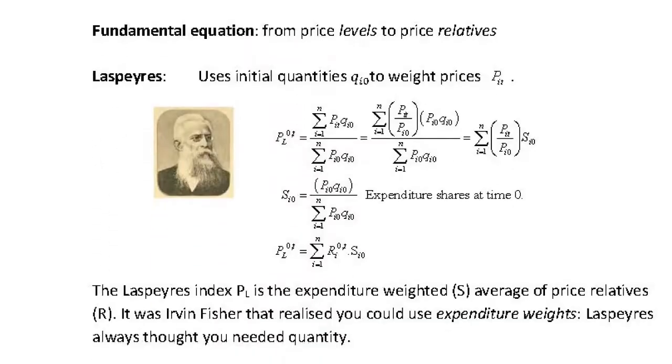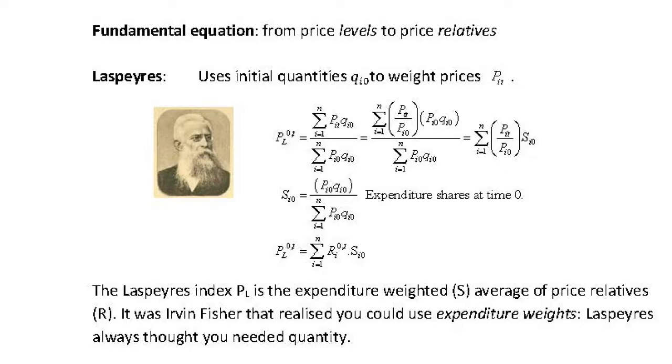Now, here we come to one of the most important equations in this video. It's an equation which shows how you move from price levels to price relatives using expenditure shares. So let's start from our Laspeyres index. It uses initial quantities q_i0 to weight prices p_it. So we start off the first line of the equation.